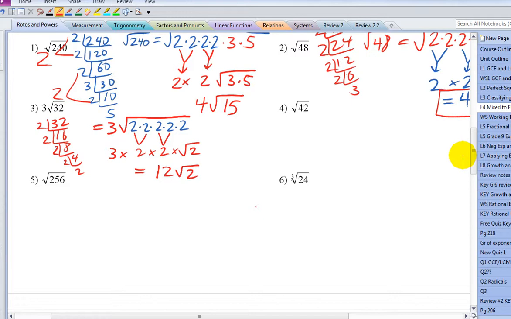What do you guys think about number 4? Any pairs? No. Any triples? No. So what can you say about number 4? It's already in lowest terms. So what are you going to write? You're going to rewrite it exactly as it is, because that tells me it's in lowest terms. So you're just going to write down equals root 42.